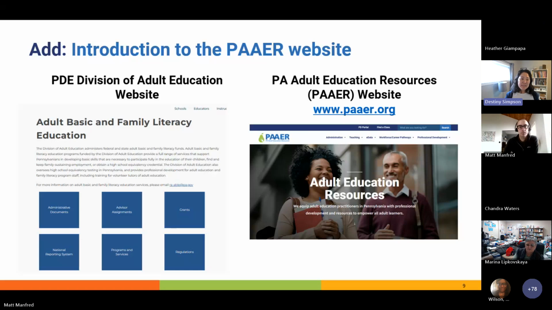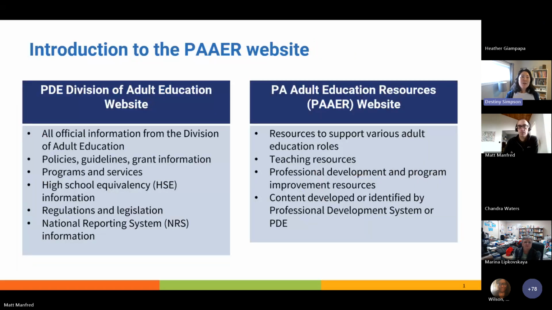So on the next slide, what you can see is some information of why you typically would go to the PDE website. That's for all the policies, guidelines, your official data gets put on there. And then on the PAIR website, this is where you really find a lot of the resources that the professional development system projects, so the distance digital literacy and distance education project, the workforce development system liaison project, the IT project, professional learning opportunities, eData MIS, and the technology project and communications project.